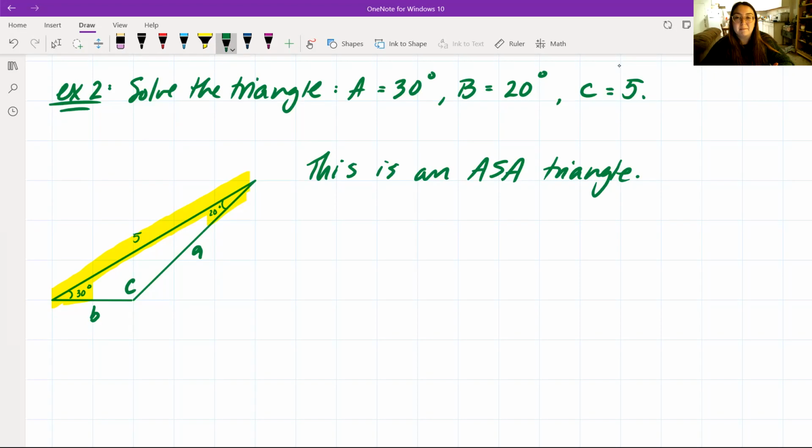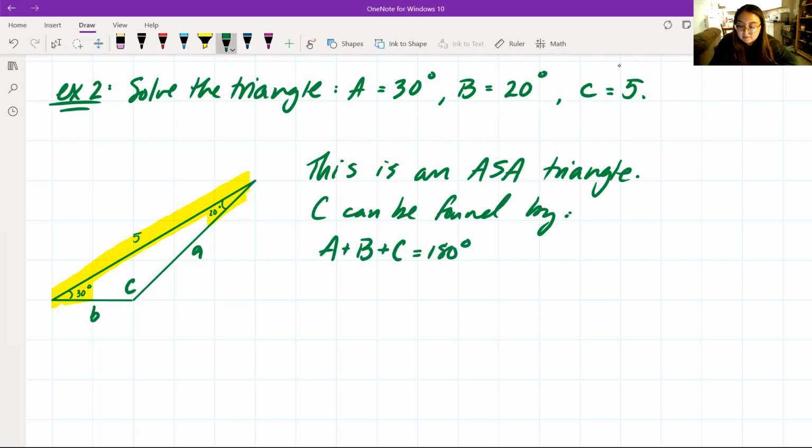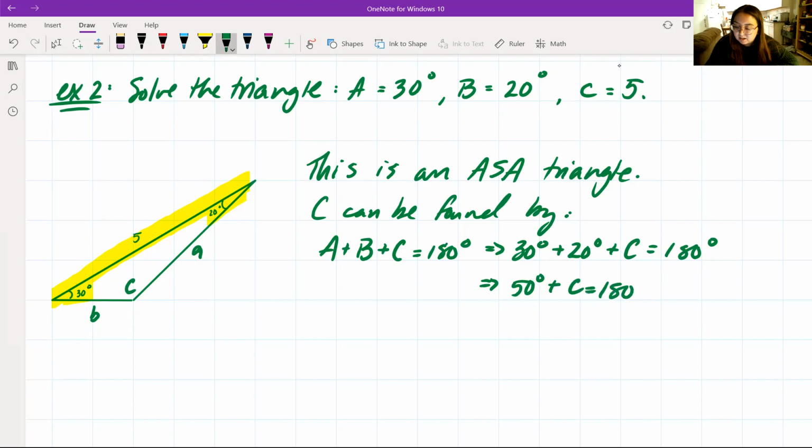We have the values of A and B, so we can go ahead and find the value of C. So we know that C can be found by stating that A plus B plus C is equal to 180 degrees, where our value of A is 30 degrees, B is 20 degrees, plus C, this is all equal to 180 degrees, where 30 plus 20 is 50, so we have 50 degrees plus C is equal to 180 degrees, which really just gives us that C is equal to 130 degrees.